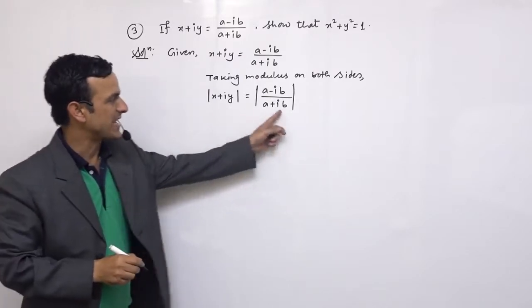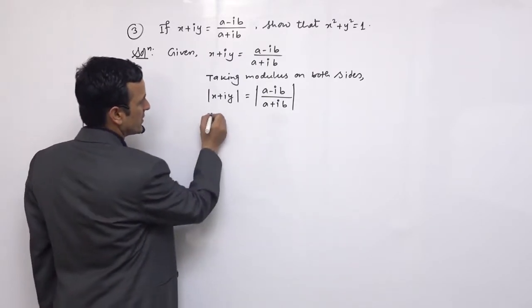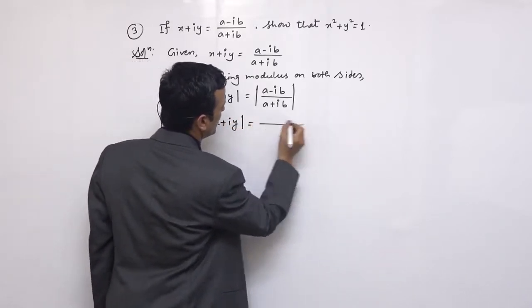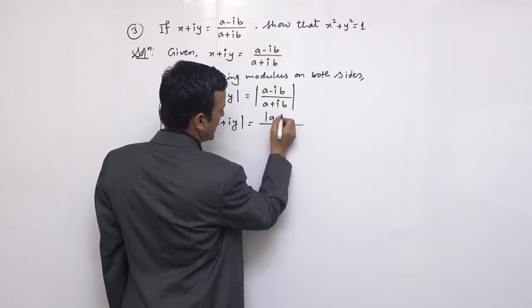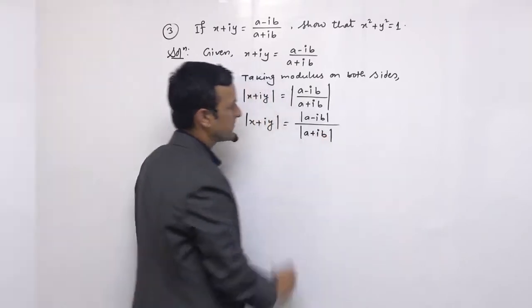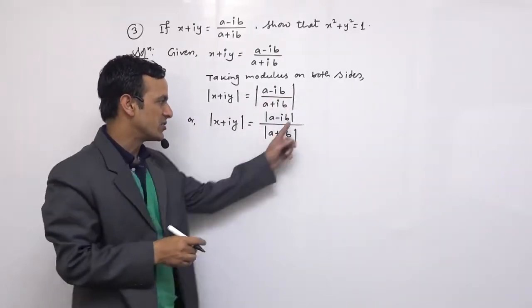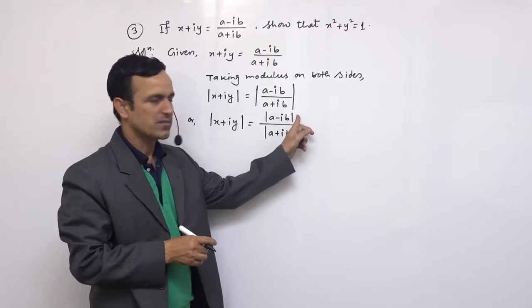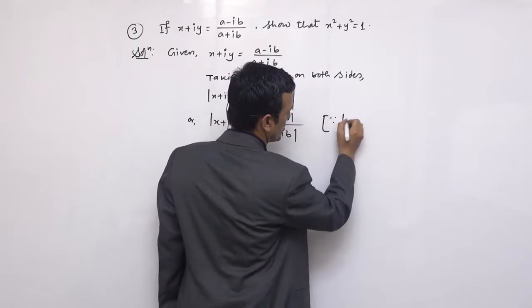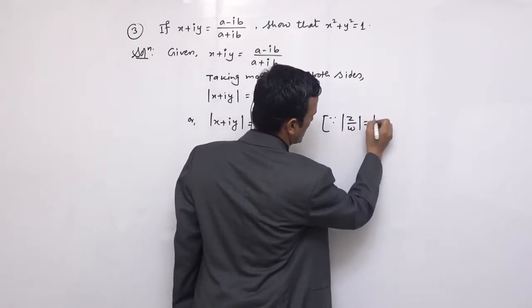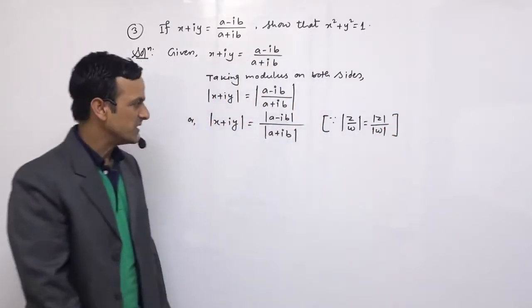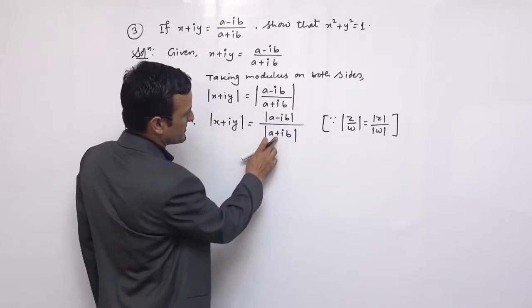Now we can write modulus of x plus iy is equal to modulus of a minus iv divided by modulus of a plus iv. We can separate this whole modulus into two separate moduli, in the numerator and denominator separately, because we have the property modulus of z by w is equal to modulus z divided by modulus w.